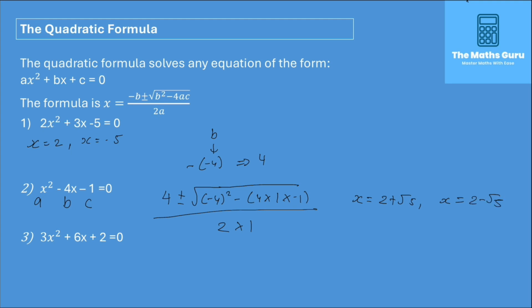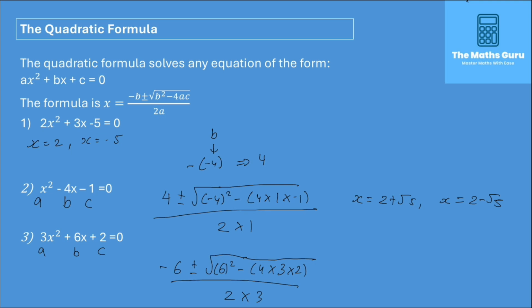Now, looking at question number 3, we have that 3 is our a, 6 is our b, and 2 is our c. If we were to write this out in terms of the quadratic formula, we would get minus 6 plus or minus the square root of 6 squared minus 4 times 3 times 2, all over 2 times 3.